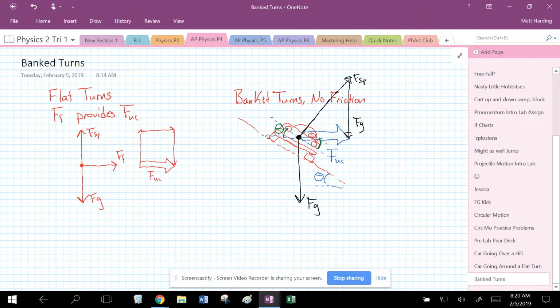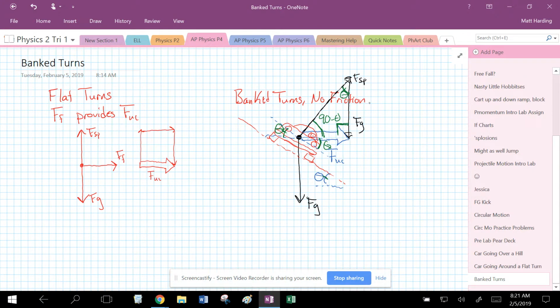And since that F_N is 90 degrees to the surface, that means that this angle in here is going to be 90 minus theta. The F_UC is horizontal, so the F_UC and the F_G are 90 degrees. And so that's a roundabout way of arguing for this angle up here being theta. So that angle is the same as that angle, is the same as that angle.